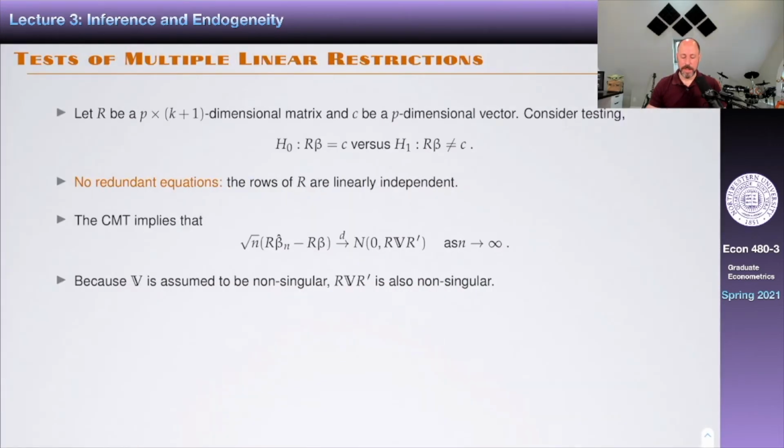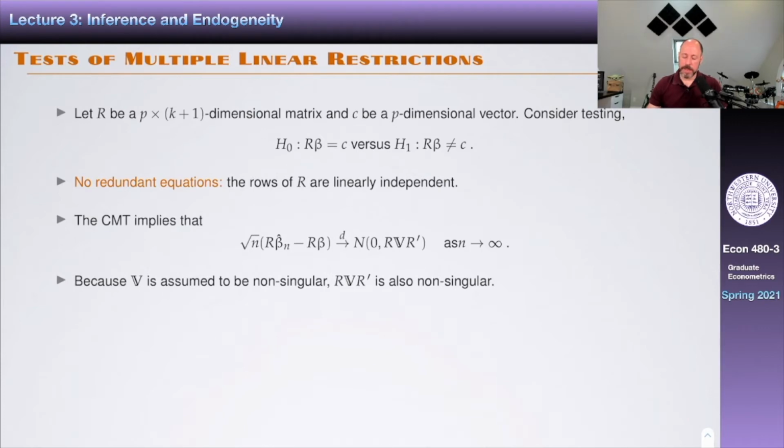All right, keep going. Test of multiple linear hypothesis restrictions. Now we're going to introduce this matrix R, which is, as I mentioned, p times k plus 1. And c is, instead of being a scalar as before, a p-dimensional vector.